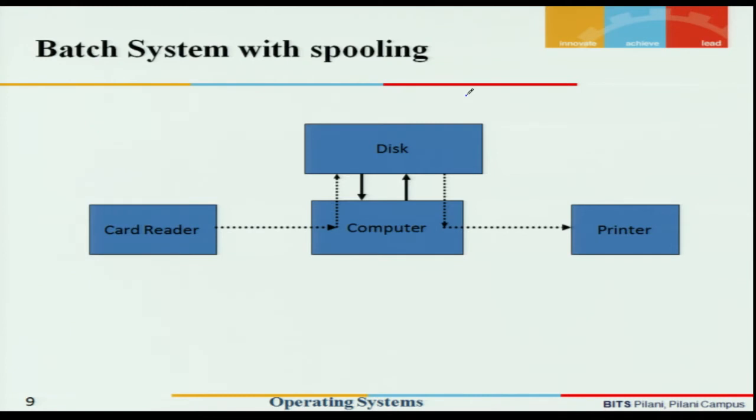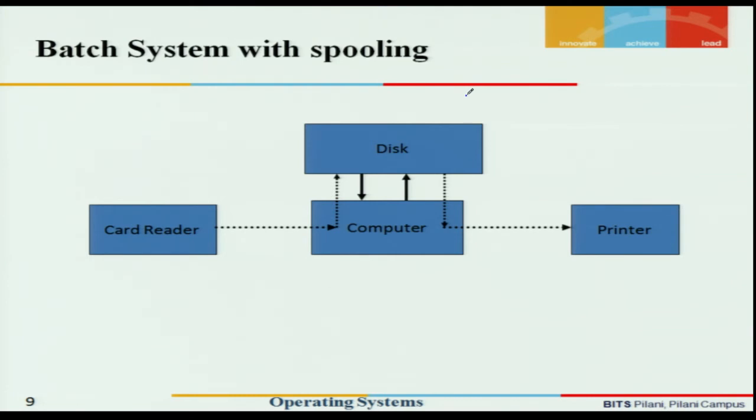To improve the overall performance, spooling was thought of, where the computer was connected to a disk, and by this time disks were already there in the market. So computers were connected to a magnetic disk.